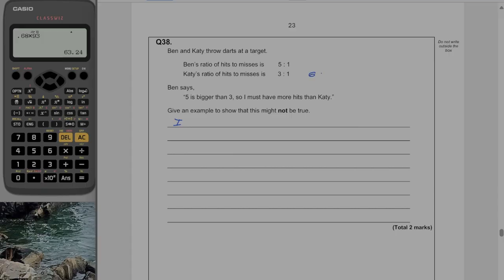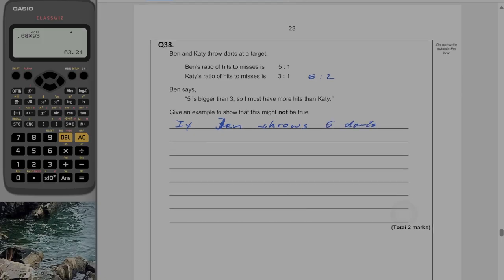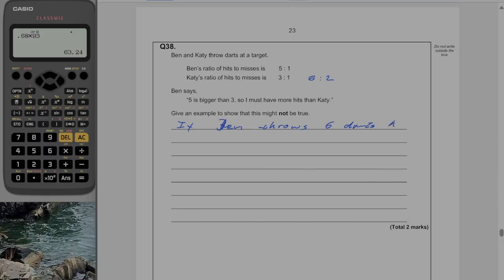Then she would have hit 6 and missed twice. If Ben throws 6 darts, he hits 5 times.